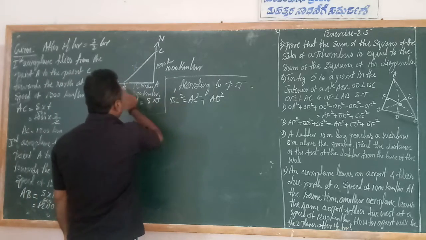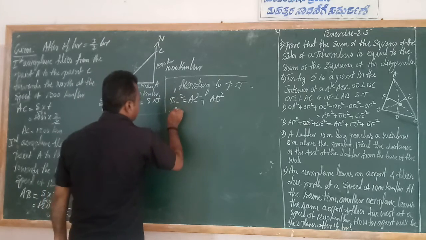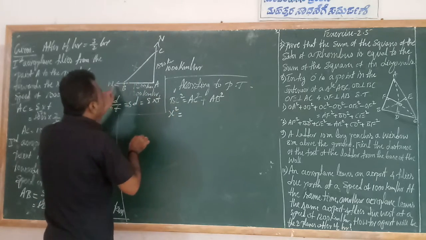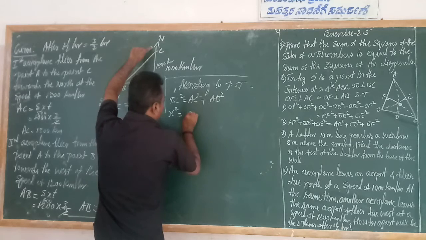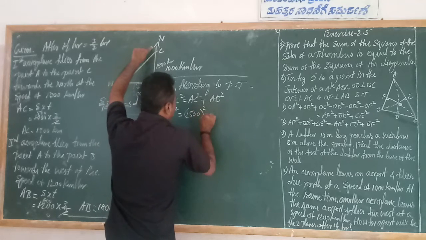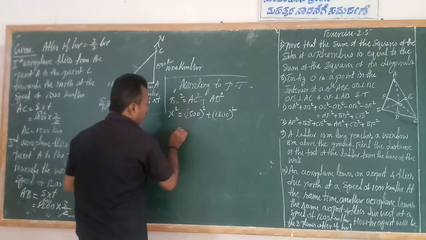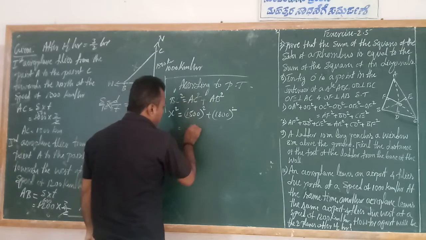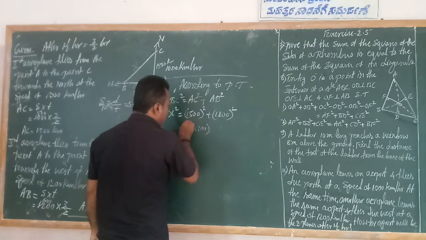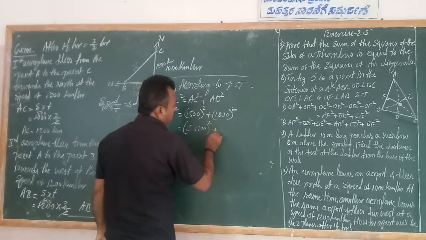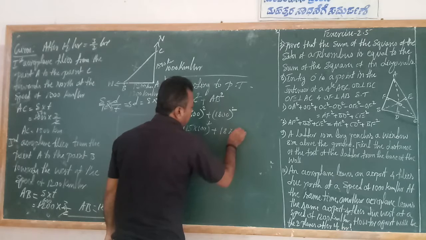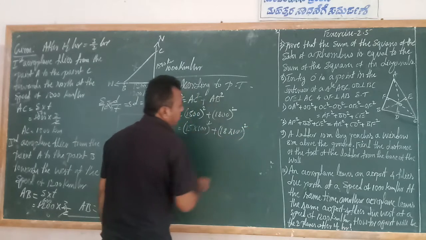So BC, that means x square, is equal to AC, 1500 whole square, plus 1800 whole square, correct? Now 1500 can be written as 15 into 100, and 1800 as 18 into 100.